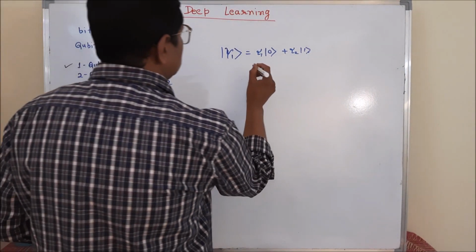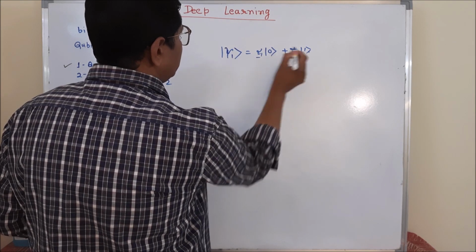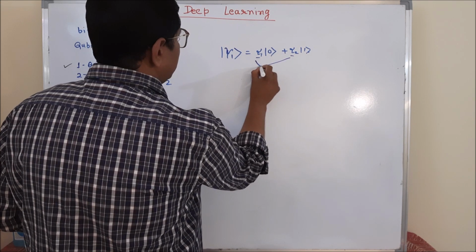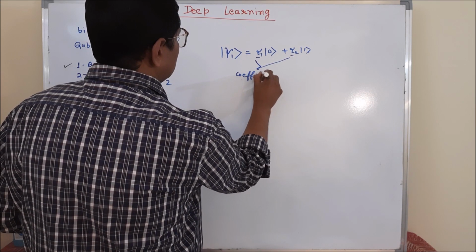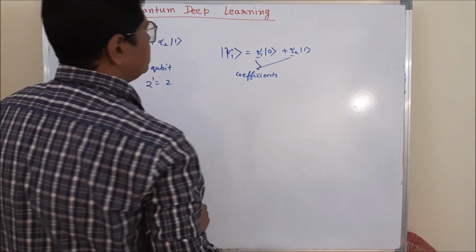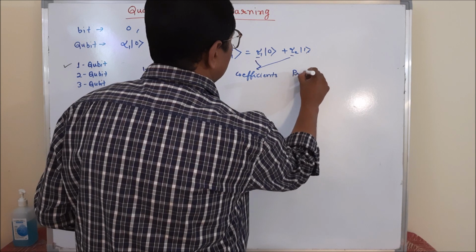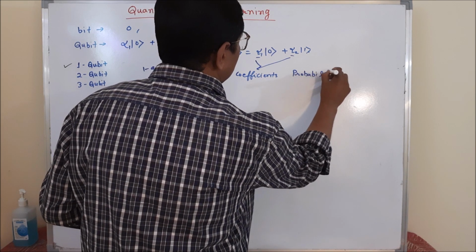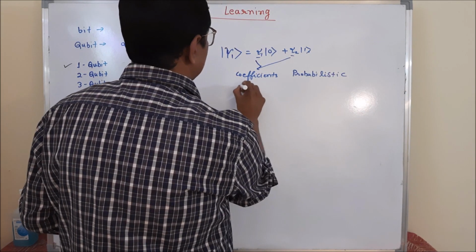Now you will ask, what are this alpha 1 and alpha 2? These alpha 1 and alpha 2 are actually coefficients. We say it is a probabilistic distribution of states.